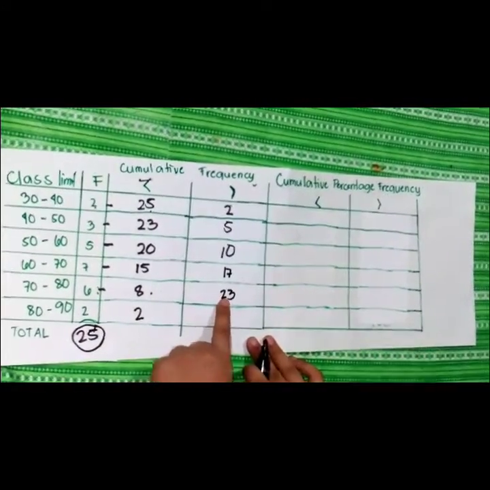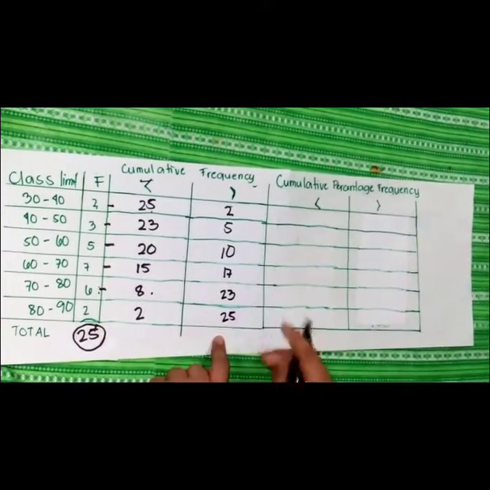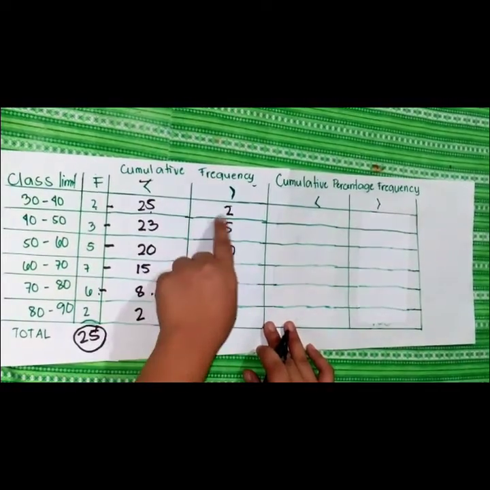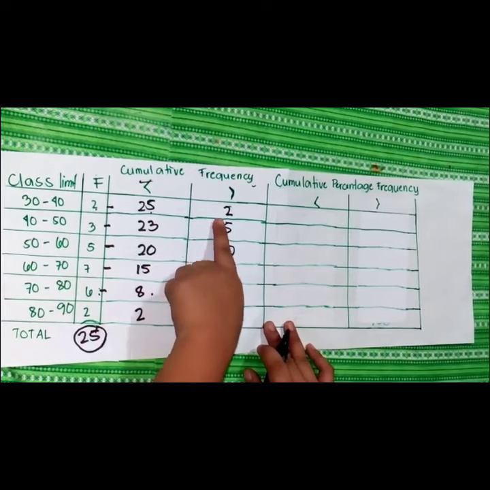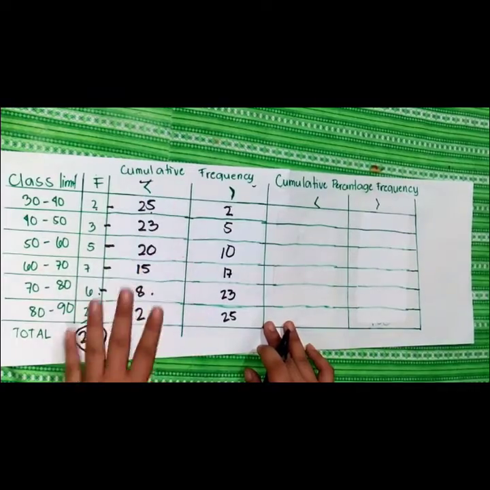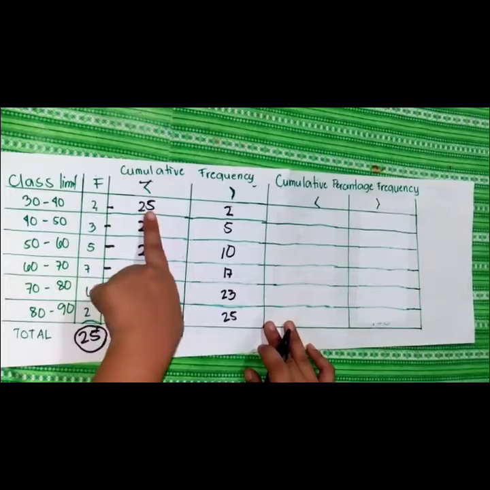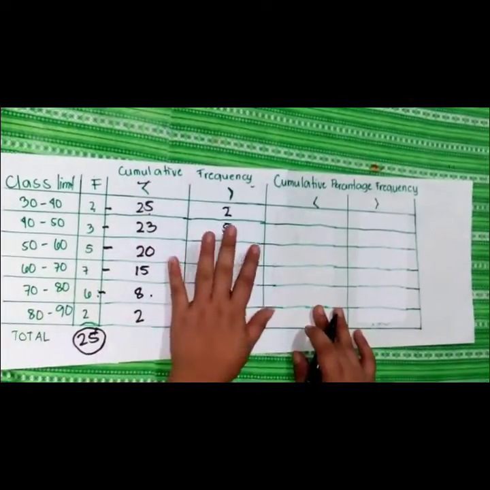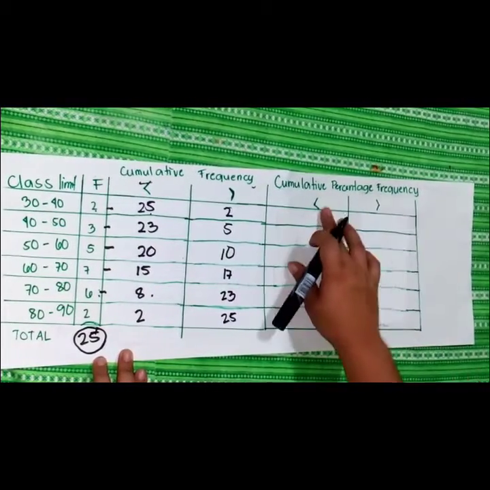And 23 plus 2 is equals to 25. And that is how to find the cumulative frequency greater than. We add the cumulative frequency greater than to our frequency. And to find the lesser than, we minus the frequency from the cumulative frequency lesser than.